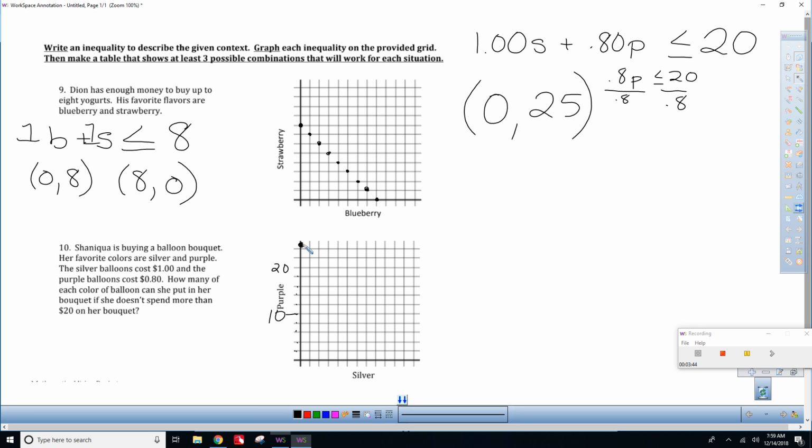Now let's assume that she buys 0 purple ones. So then you get 1.00 S is less than or equal to 20, so S is 20. So again, 5, 10, 15, or 2, 4, 6, 8, 10, 12, 14, 16, 18, 20.